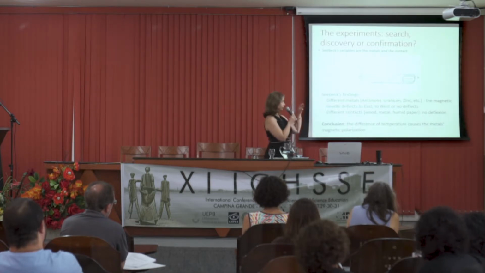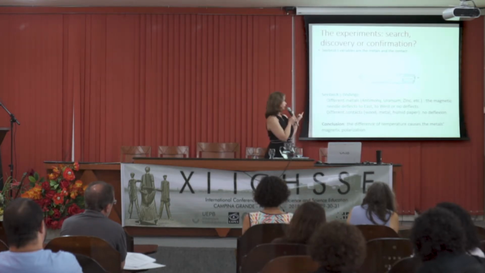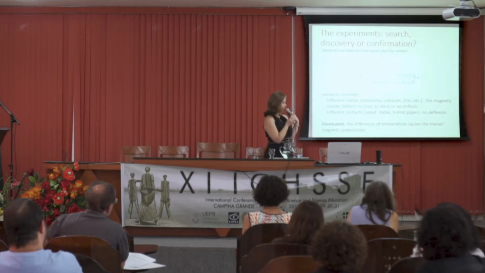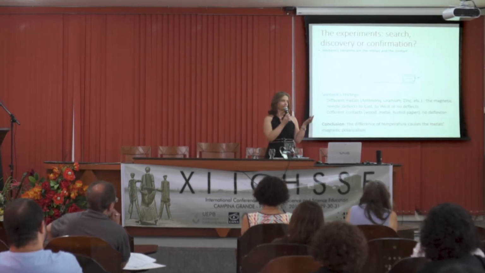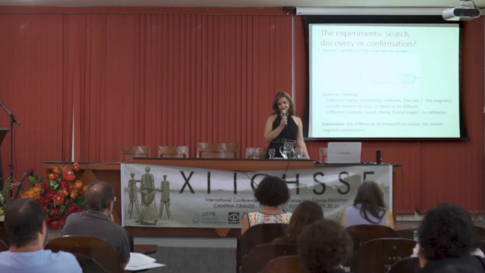So he tried to do this kind of pressure using different contacts. Wood, no deflection. Metal, no deflection. Humid paper, no deflection. So his conclusion is, what is different between wood, metal, and my hand? And he concludes that it is the temperature.